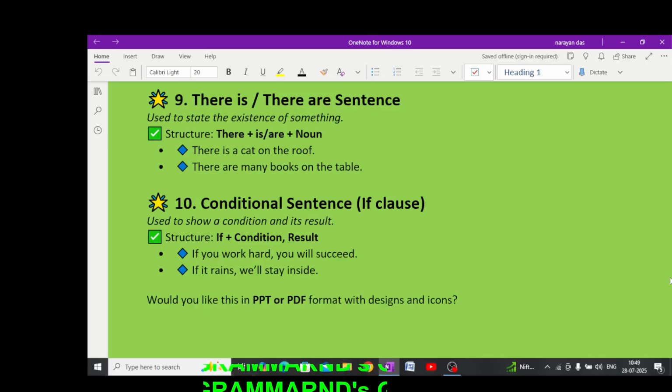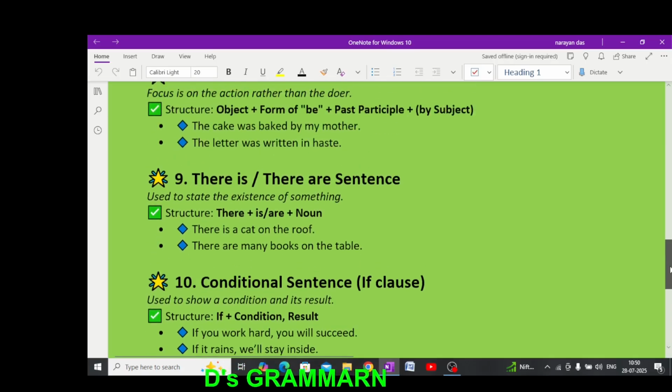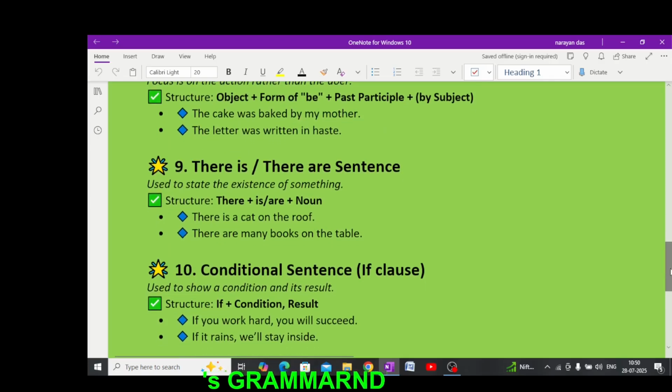The example sentences are: if you work hard, you will succeed. If it rains, we will stay inside. So you see, if is the conditional word, you work hard is the condition, and you will succeed is the result.